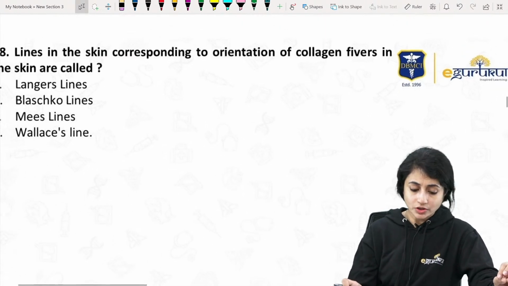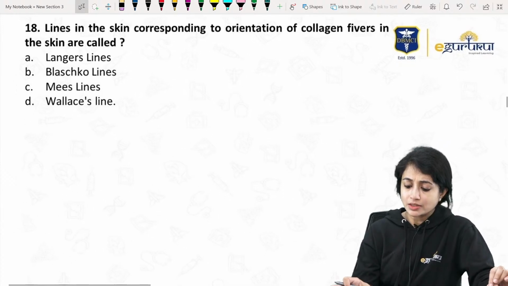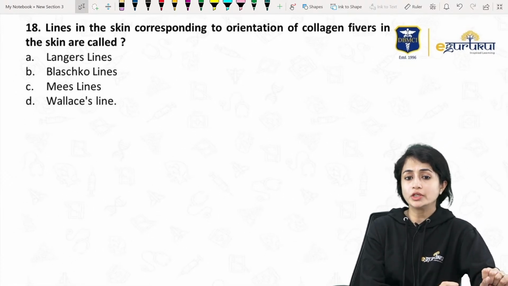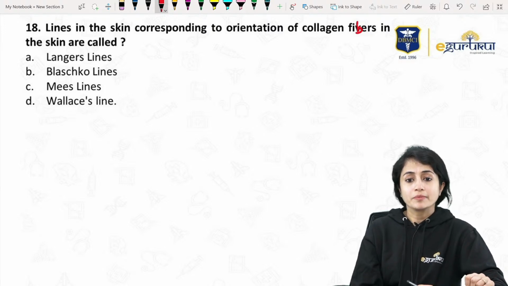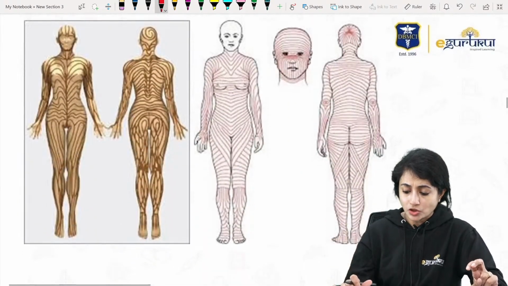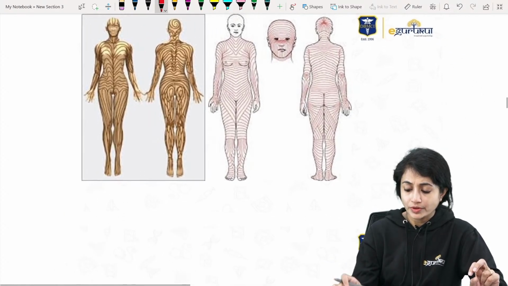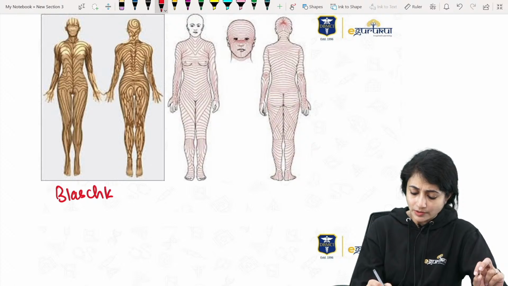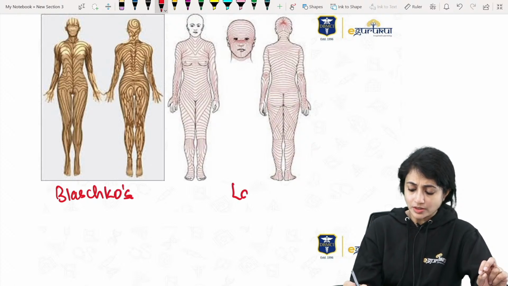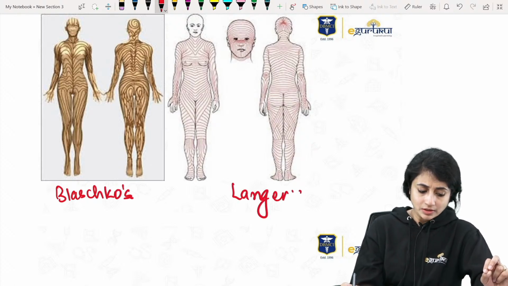Moving on to the next question, which is lines in the skin corresponding to orientation of collagen fibers are called as. So there are two lines that you should be knowing about broadly. This is Blaschko's lines and this is Langer's lines.